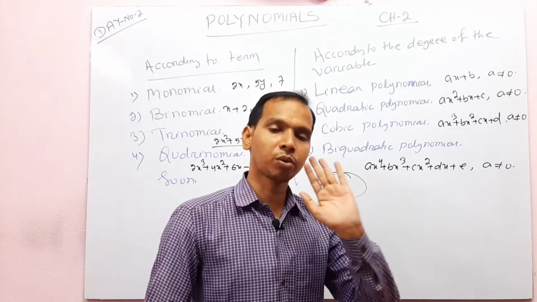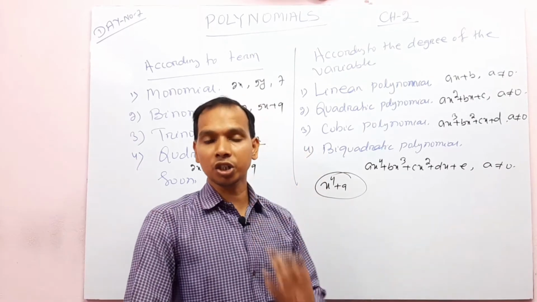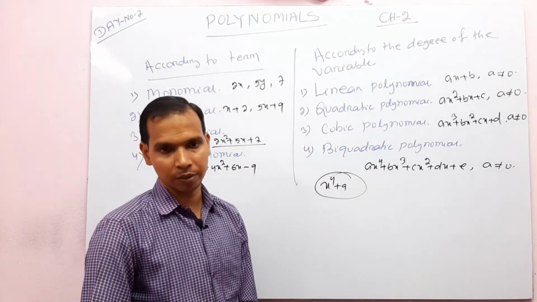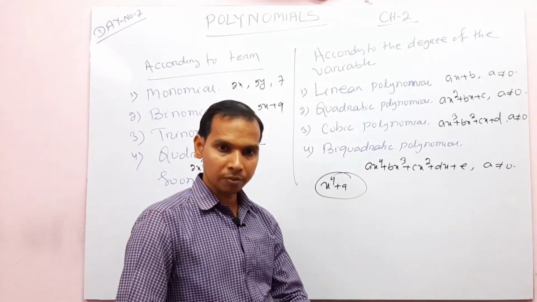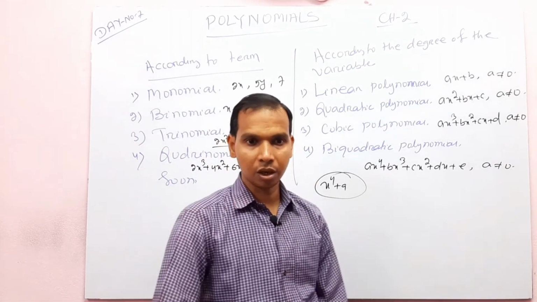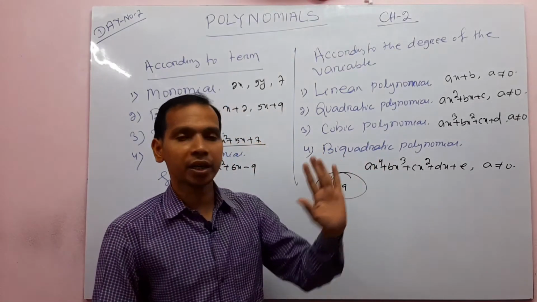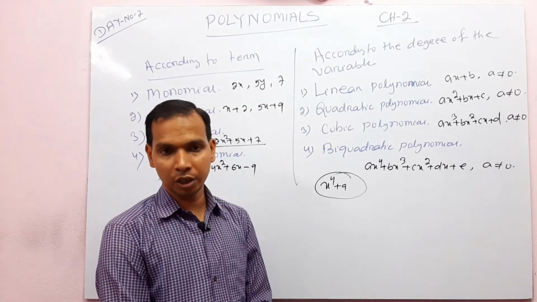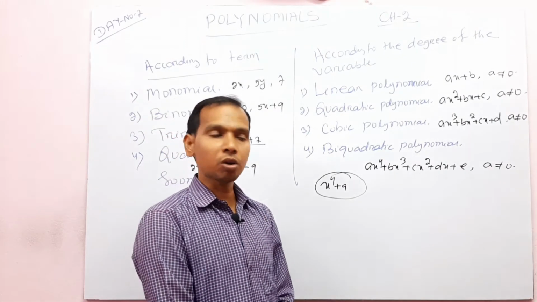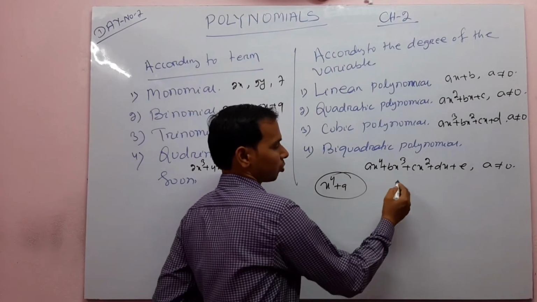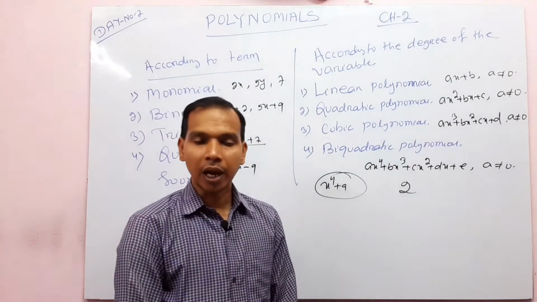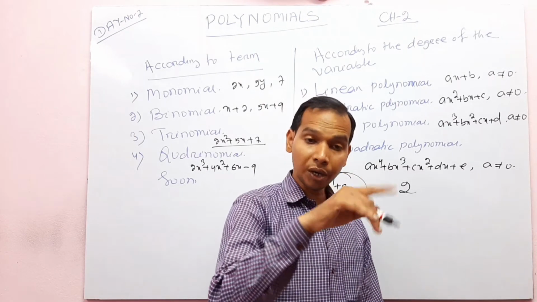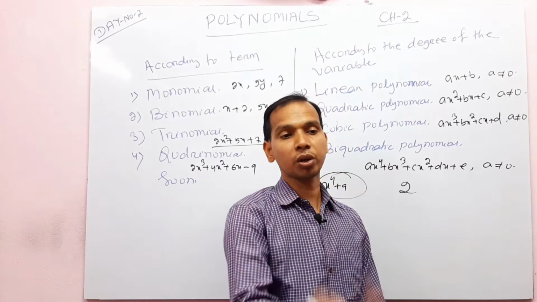After that, you come to the constant polynomial. All the constant terms, like 2, 3, 4, 5, 6 etc., are considered constant polynomials and their degree is equal to 0. Suppose 2 is a constant term, and for a polynomial we need to write a variable as well as a constant.